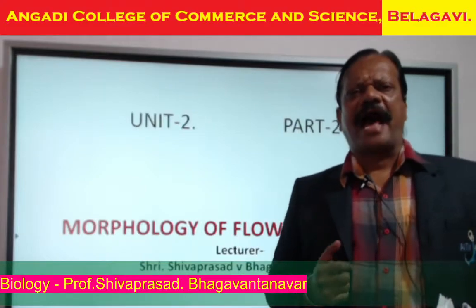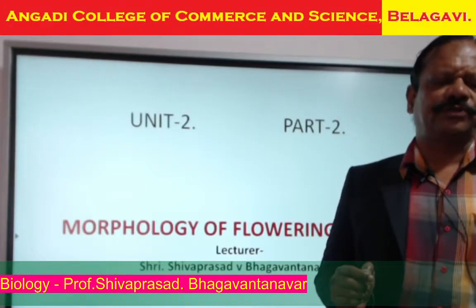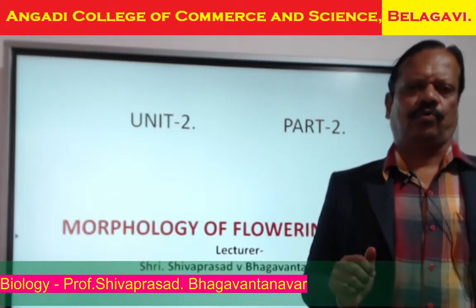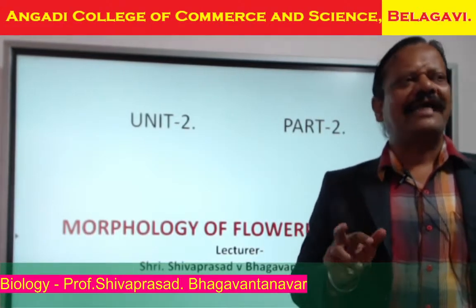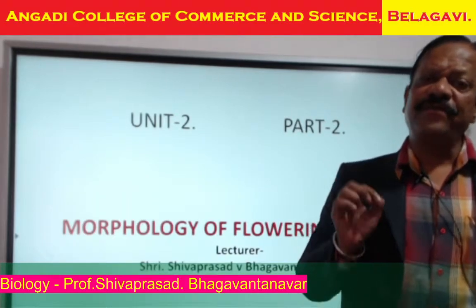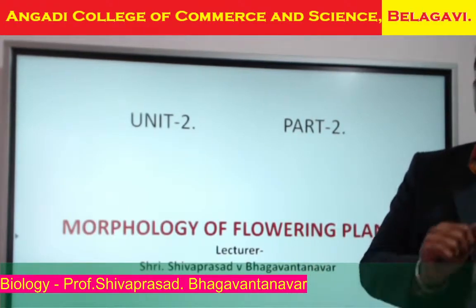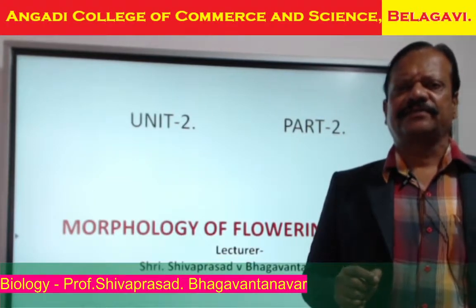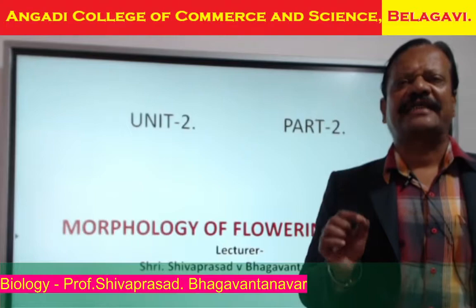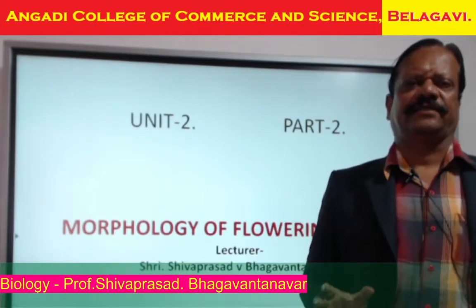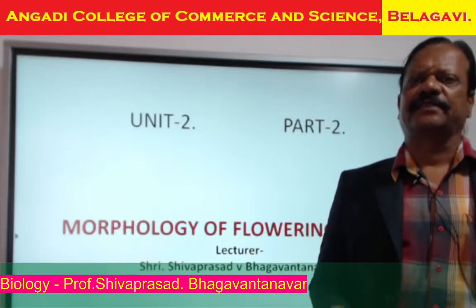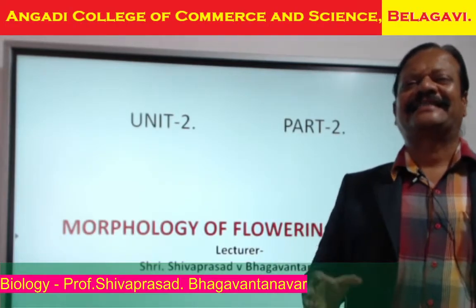On the other hand, if suppose the floral axis continues to grow and on the lateral side, if it is producing flowers, then you people are calling it as the racemose type of inflorescence. It is called racemose type of inflorescence, or you may call it as a raceme also.